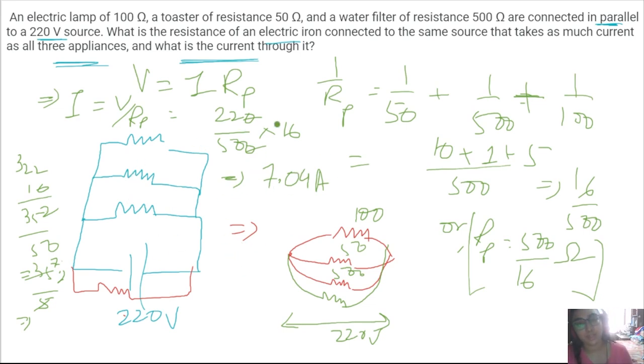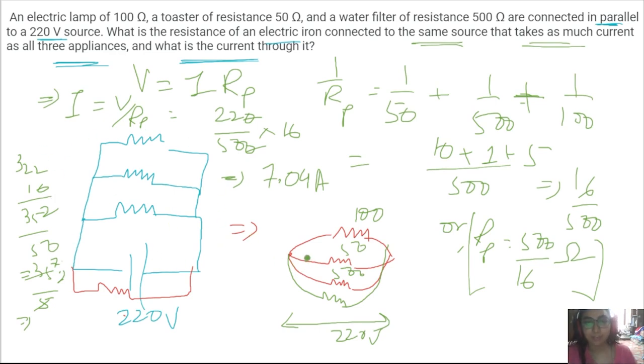So now the second part of the question is, what is the resistance of the electric iron connected to the same source that takes as much current as all the three appliances, and what is the current through it? So now we know what is the current through it, right? Because see, it's the second part of the question. It wasn't like in the same question that the fourth appliance was connected. It's a separate part, like we have calculated the three.